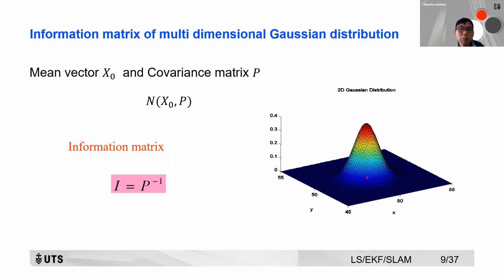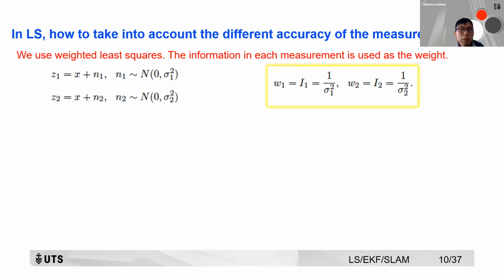This information matrix plays an important role in the least square formulation. So how do we do that? We basically use the information in each measurement as the weight for the least square. So we now have a weighted least square. We have two measurements, Z1 and Z2.